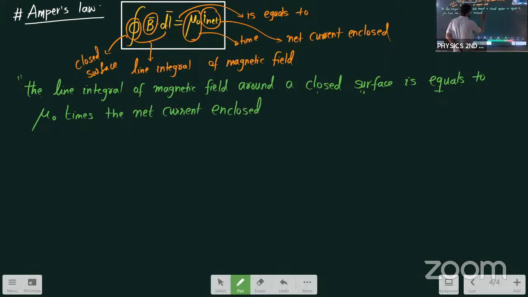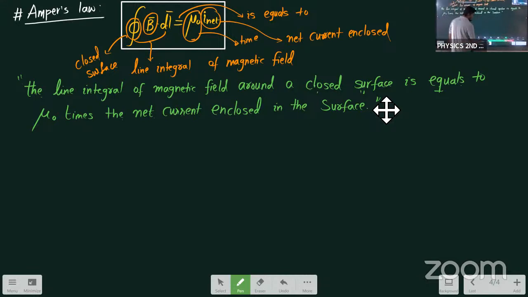So this is the statement for Ampere's law. What does Ampere's law state? The line integral of magnetic field around a closed surface is equal to mu naught times the net current enclosed in the surface.